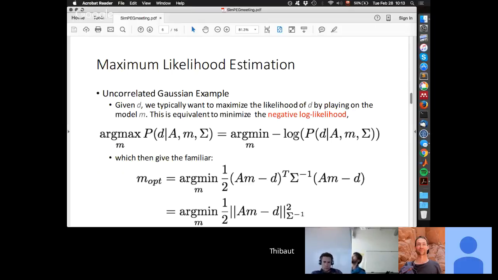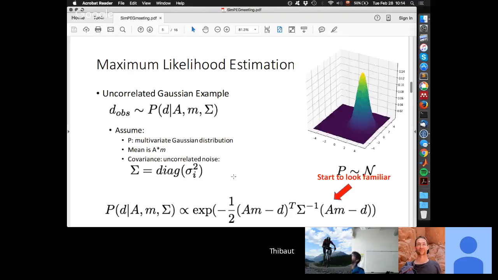Sorry, why are you taking the log as opposed to just the negative of the exponential? Is that a choice to scale it, or does it fall out of the math? That follows the math, because you usually have an exponential in the probability distribution. My probability is proportional to this, so I'm taking the log of the exponential.